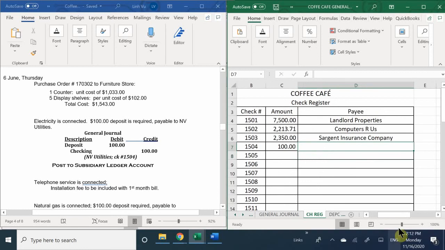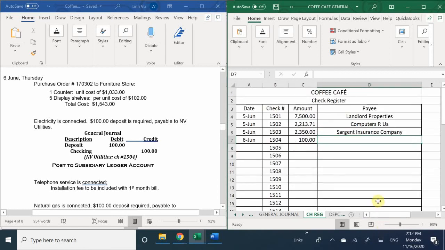And I believe the vendor is going to be NV Utilities. Okay, so NV Utilities is who we're going to write out to. Then I'm going to go back to my journal because I know what check number I've written now. It's 1504.